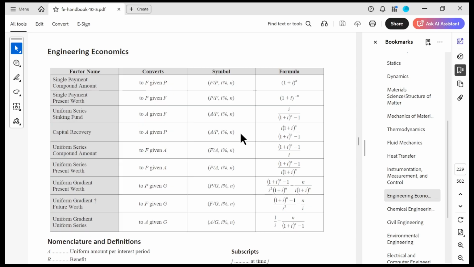We're also going to be converting the future value of $3,000 to annual cost. So we will be needing the uniform series sinking fund factor, and that's this one right here, to find A given F at an interest rate i for N periods.